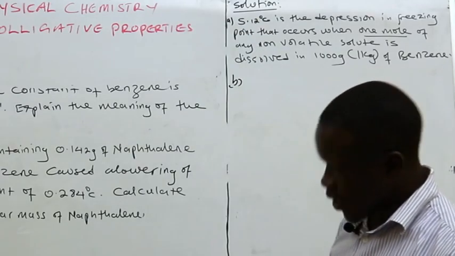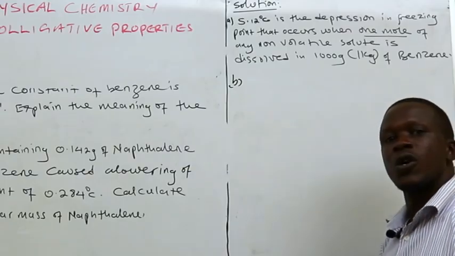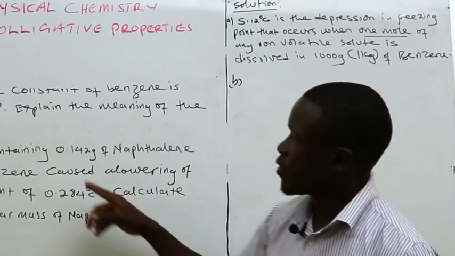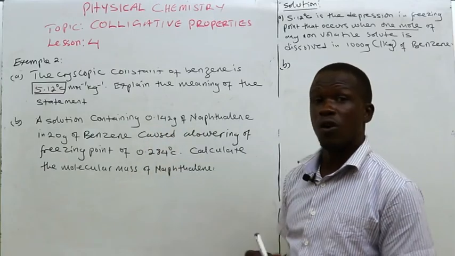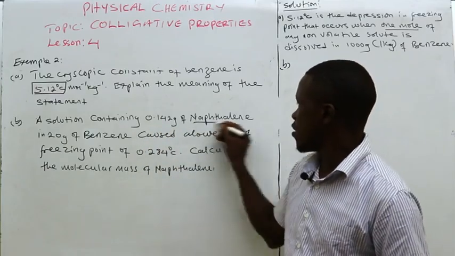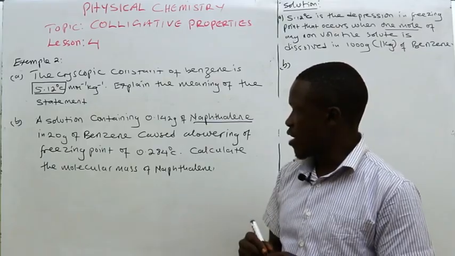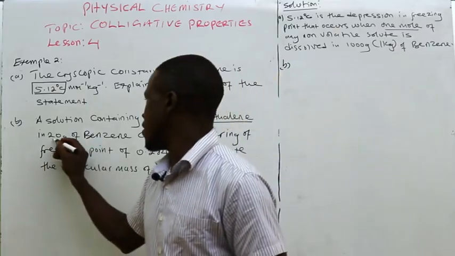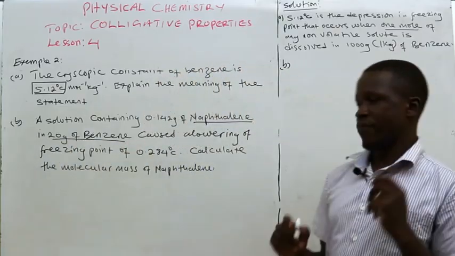Now, in part B, they are saying a solution containing 0.142 grams of naphthalene in 20 grams of benzene.